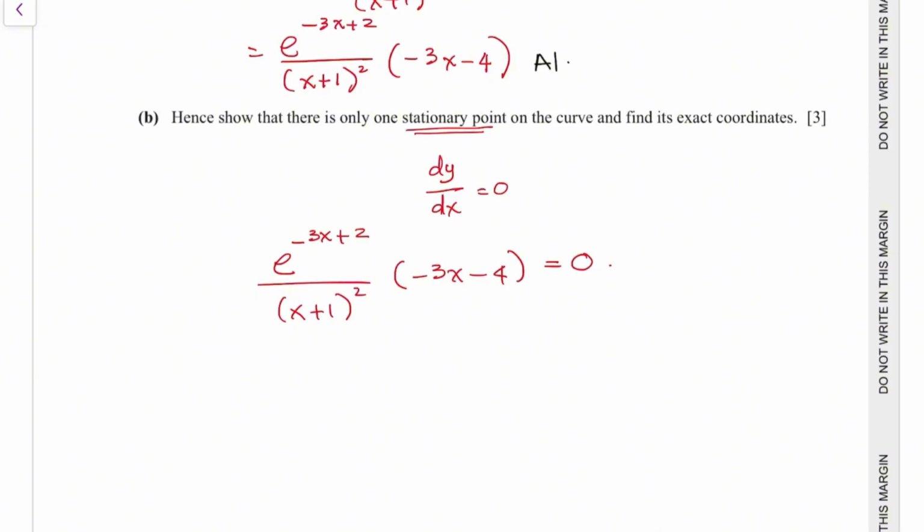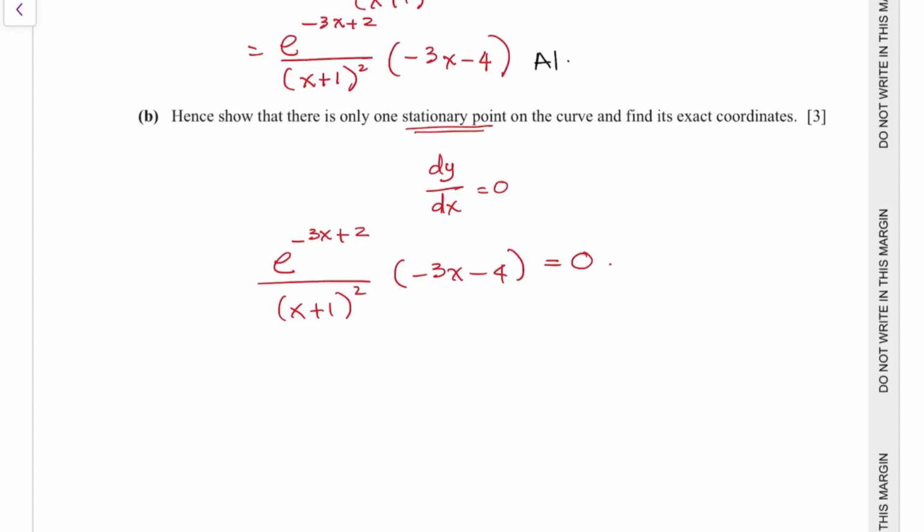When this is equal to 0, you should get an idea that when you have two things that has been multiplied to be 0, for example, a times b is equal to 0. This is when you do the quadratic equation, right?